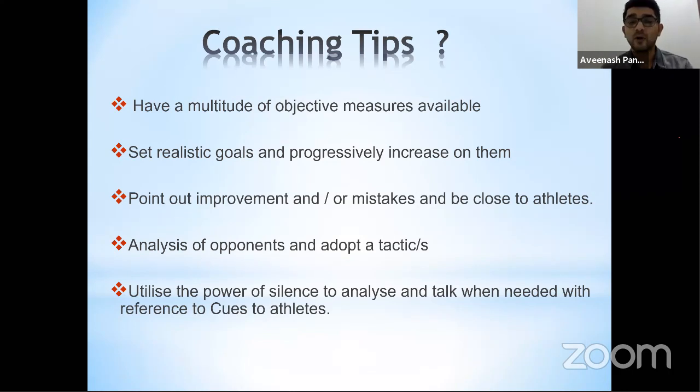Please, coaches, understand that your athletes are fully in a focus zone when they're on the field, on the tarmac, or in the boxing ring. They need that full focus. So you need to give the power of silence and give cues very specific to that athlete, so he can get the basics of it.